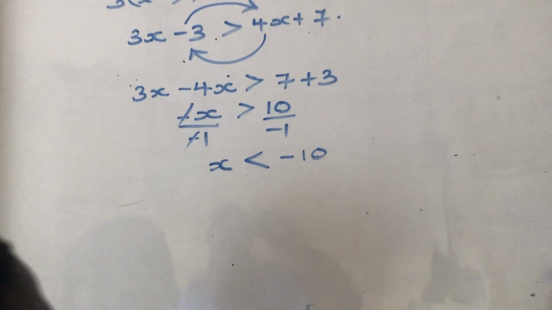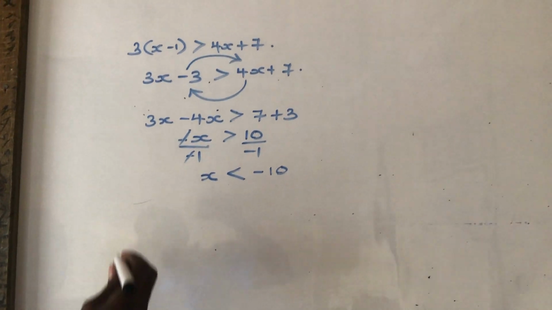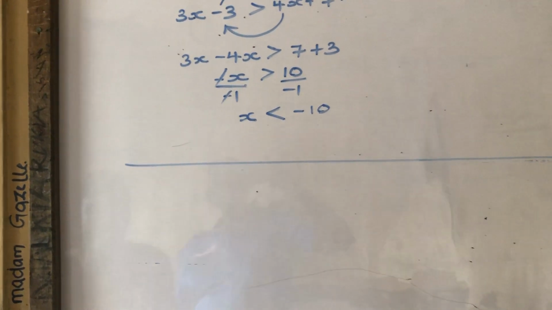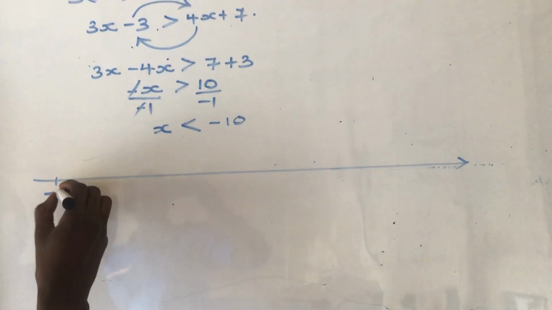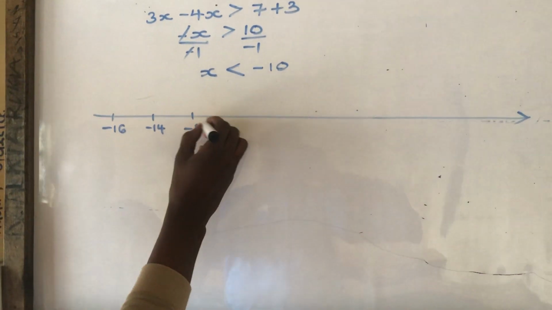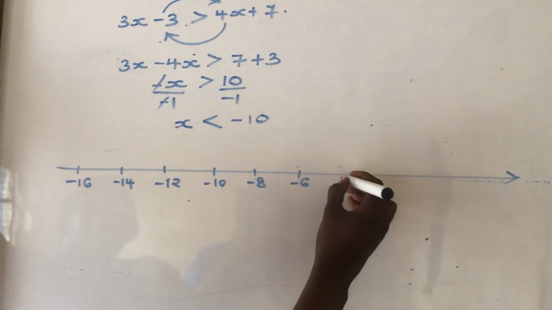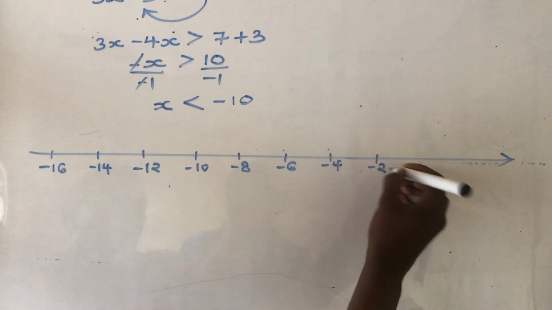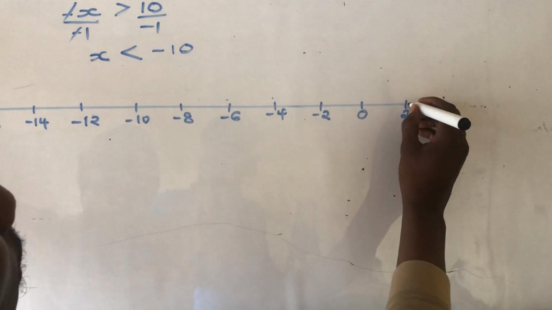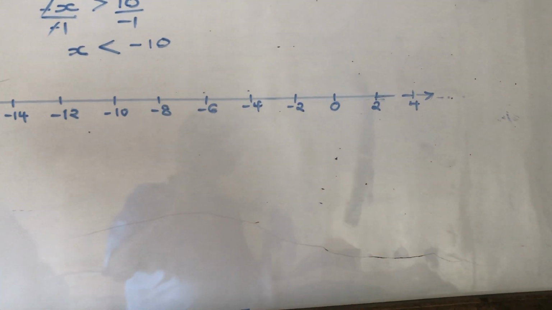How will this be represented in a number line? In a number line, I will have something of this sort. Let's have negative 16, negative 14, negative 12, negative 10, negative 8, negative 6, negative 4, negative 2, 0, 2, and 4. So what do we have?